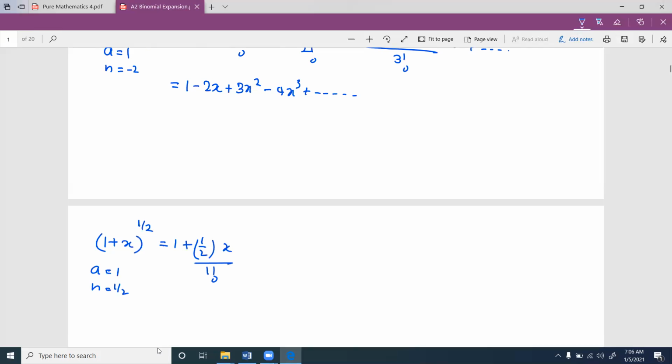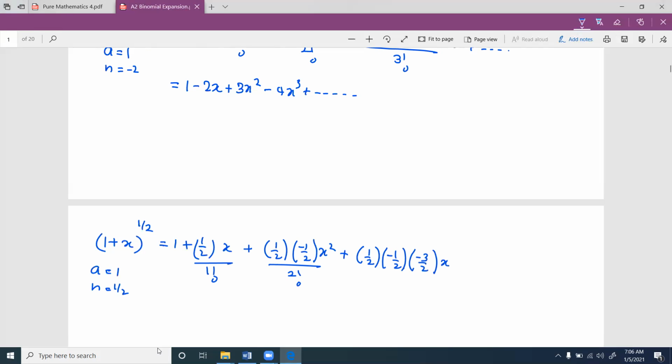The next one is n minus 1. Half minus 1 is minus half. n minus 1, x squared over factorial 2. Then the next one is n minus 1, half minus 1 is minus half, n minus 2, half minus 2 is minus 3 over 2.